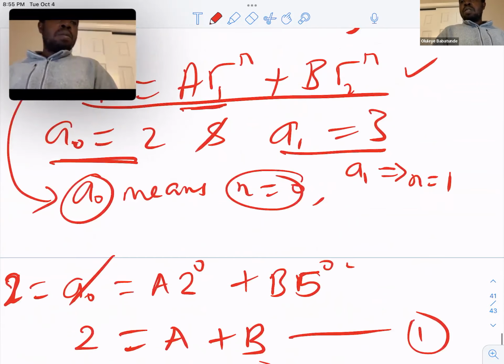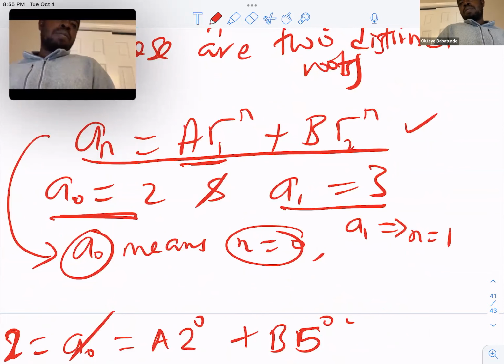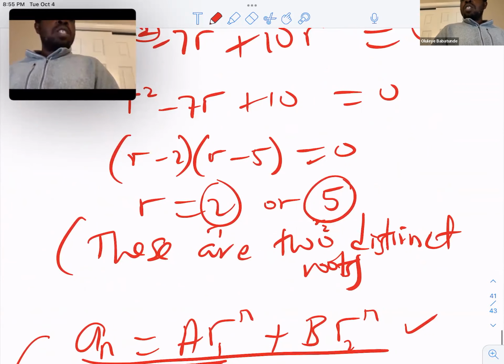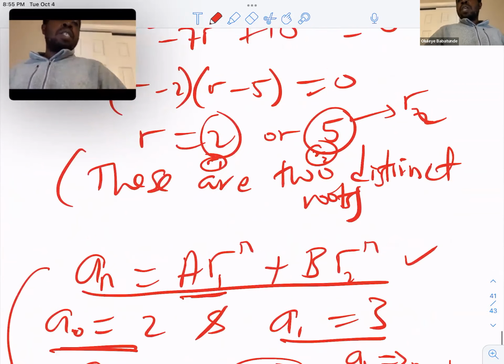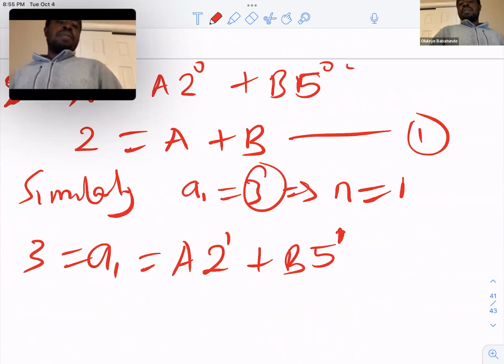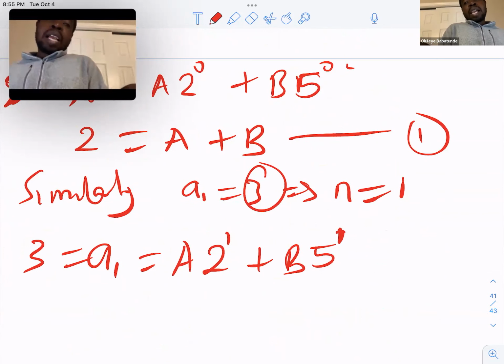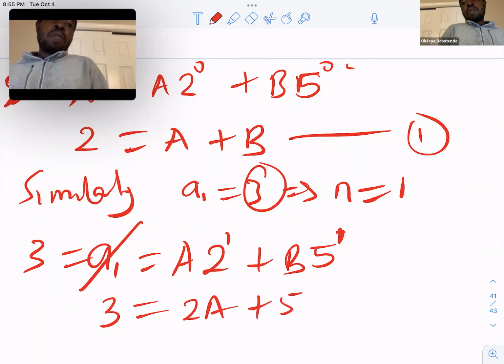This is my r2, and this is my r1. This is just a notation. I can remove this and write 3 equals 2A plus 5B, equation 2.